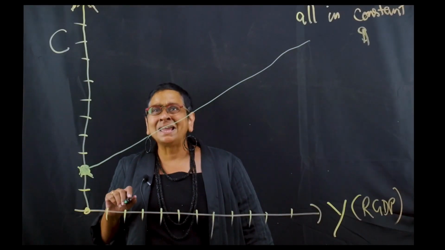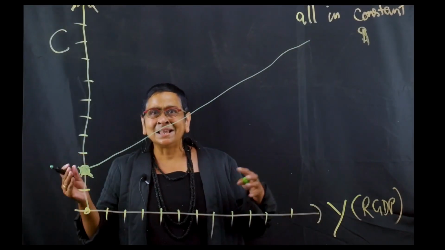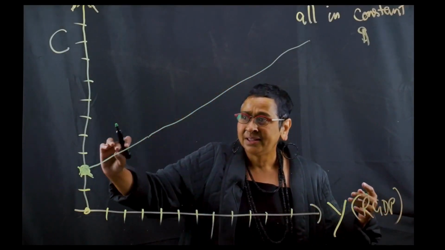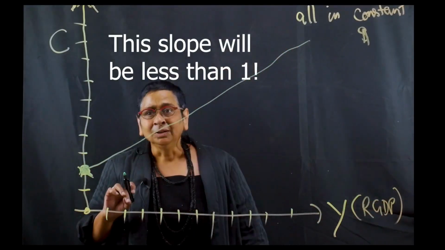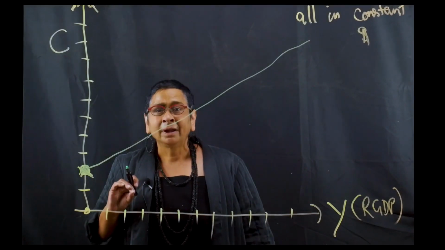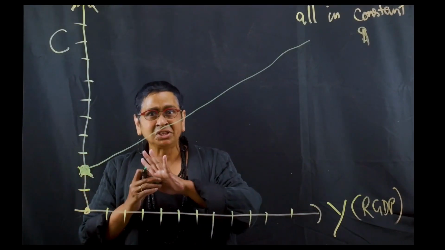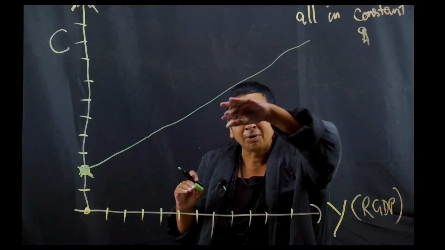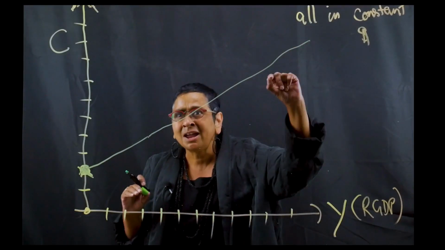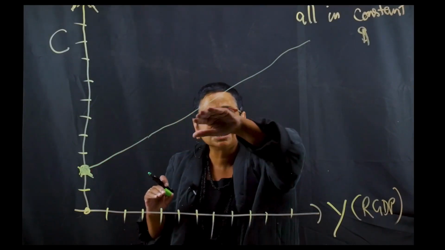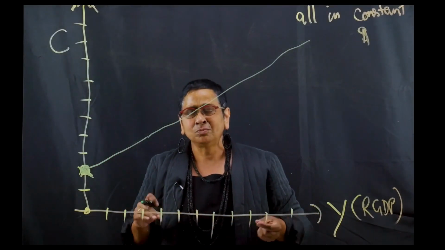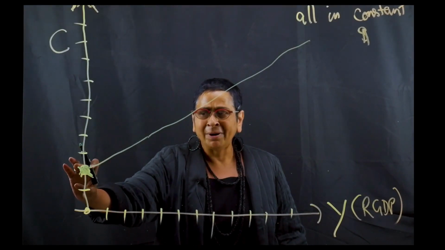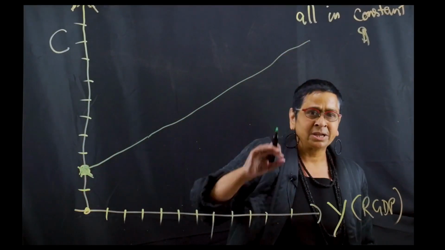And because my MPC is a number between 0 and 1, so it's a positive slope, this slope will be less than 1. Everybody got that? So this line is very particular. It's a straight line, it goes up, it's positive, and when you draw it, remember the slope of this has to be less than 1. It starts at a point above the 0 and it goes up like that.